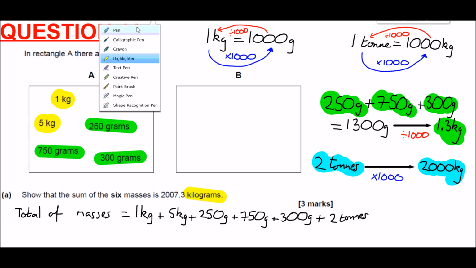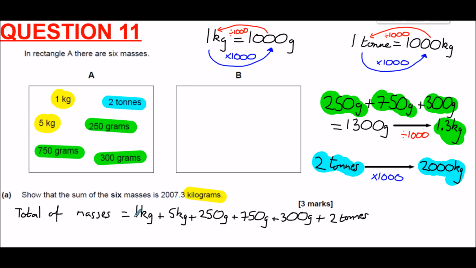So we can now just put everything in terms of kilograms. So 1 kilogram is 1 kilogram, 5 kilograms, again, still 5 kilograms, but these weights in grams, we've just changed here into kilograms. So the kilograms stayed the same because we're happy in the kilogram units.